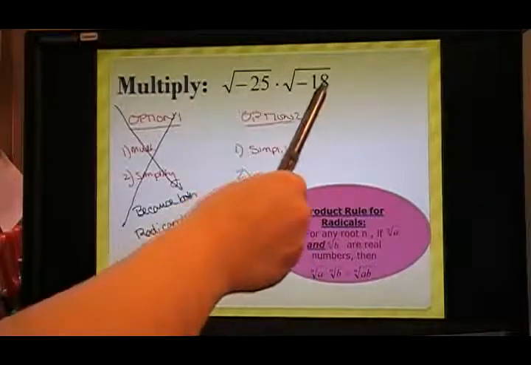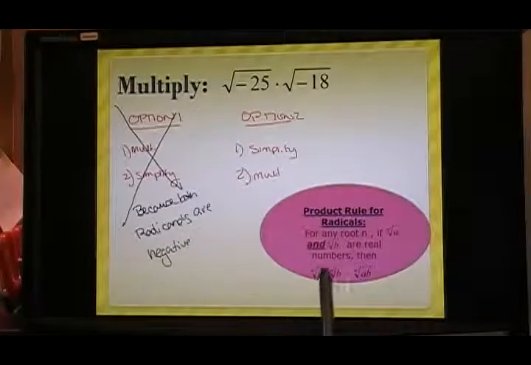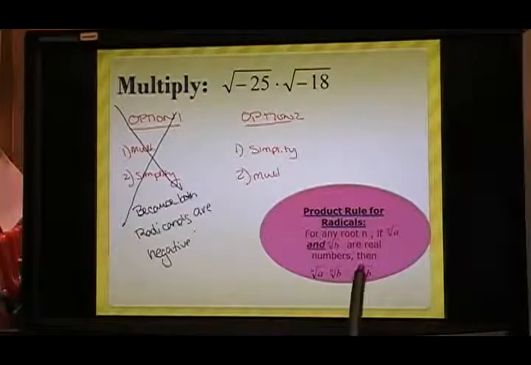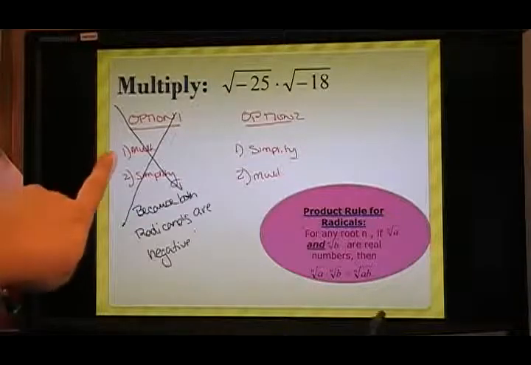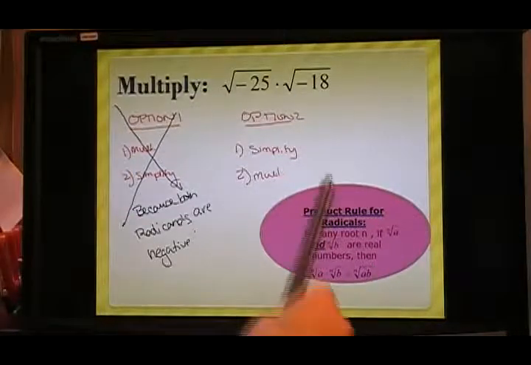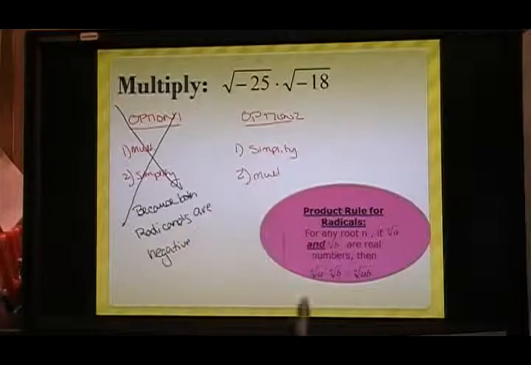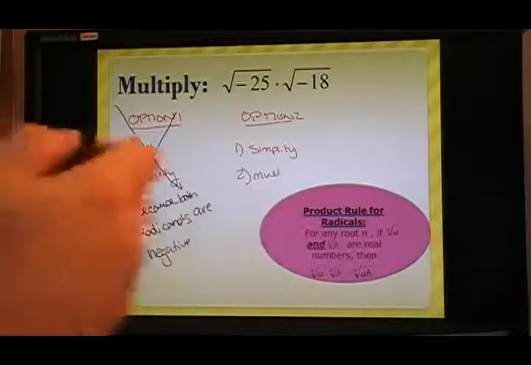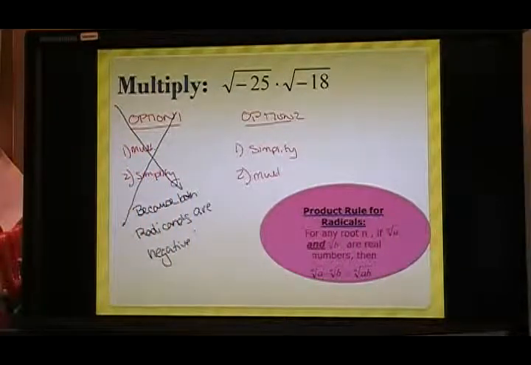Then the nth root of a times the nth root of b is the nth root of ab, or what you would get when you multiply. These are not real numbers, so we cannot use this product rule because they are not both real numbers. So we have to simplify first, and then we can multiply them together.